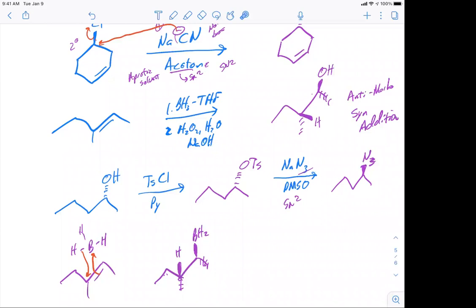So since these are on the same side here, they're both going to be going down. So you can think about what I said: the BH3 BHs here added to the top as was shown at the bottom. No, concerted reactions may be syn or anti. Okay.